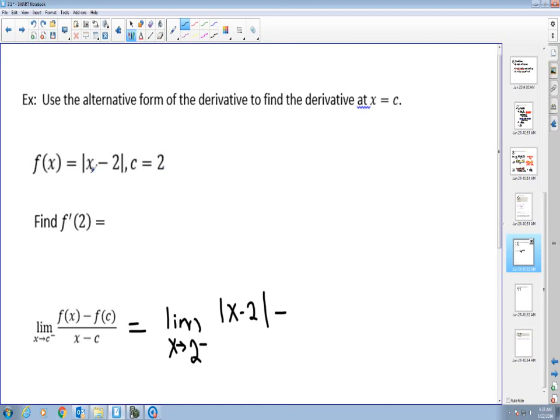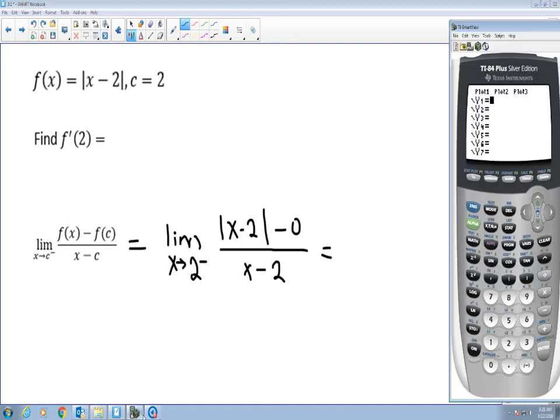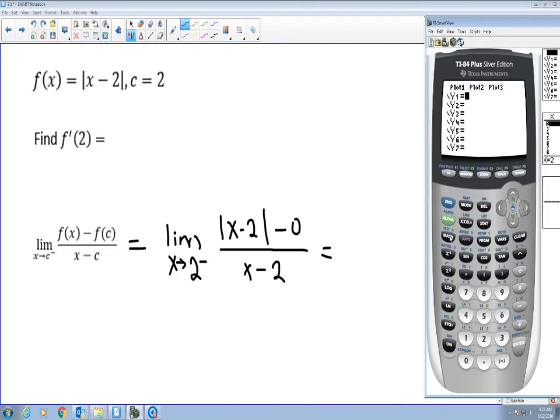If I plug c in here into my function, 2 minus 2 is 0, over x minus c, which is x minus 2. So this function here, if I put it in the graphing calculator, math, absolute value of x minus 2, close parenthesis, divided by x minus 2.